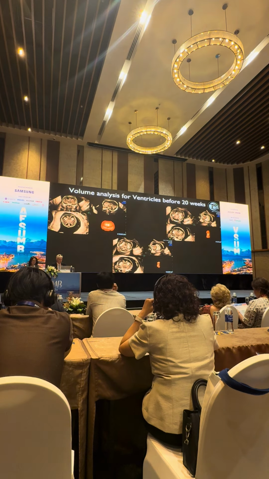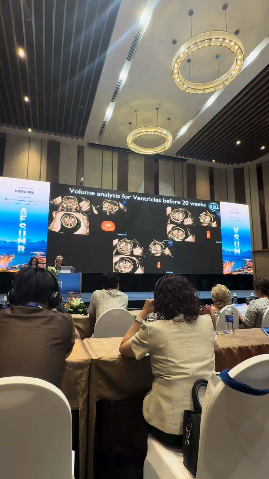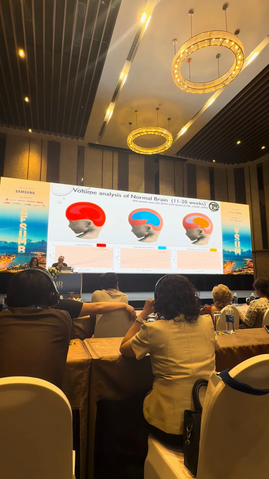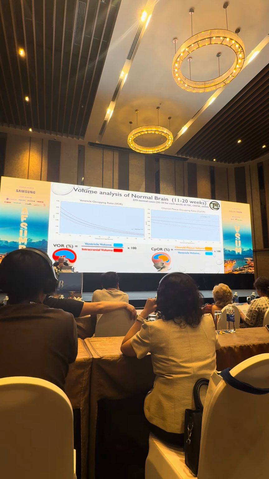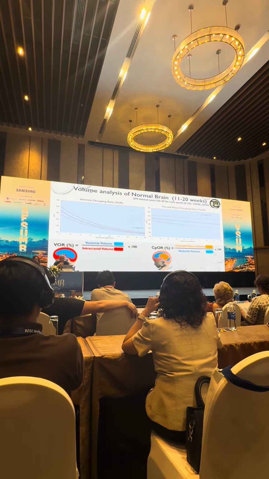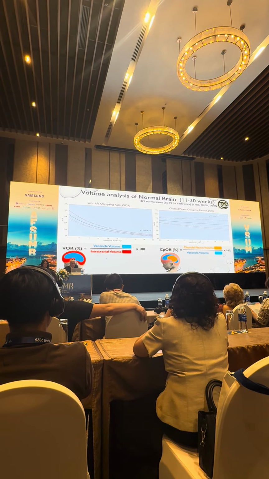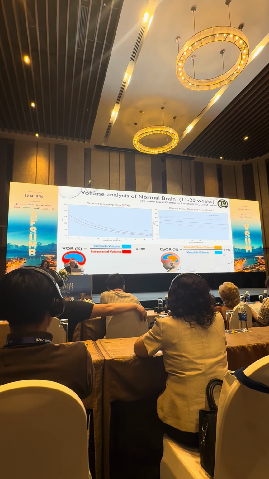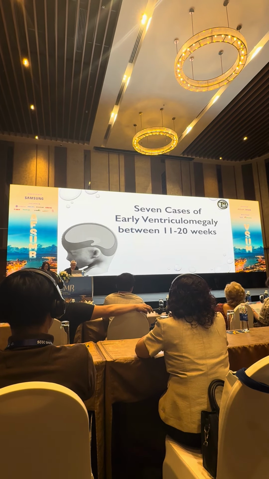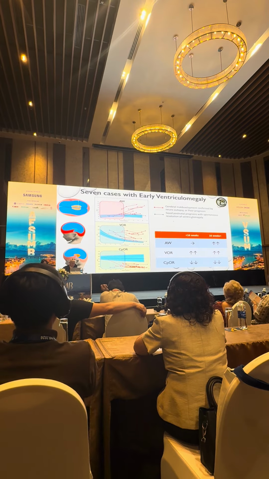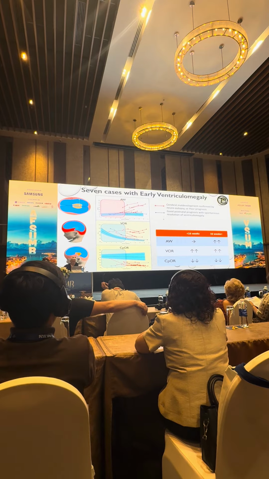Why? Because I measured the volume of the ventricles and choroid plexus like this, and then I calculated the ventricular occupying ratio and choroid plexus occupying ratio, and I have several cases of early ventriculomegaly.